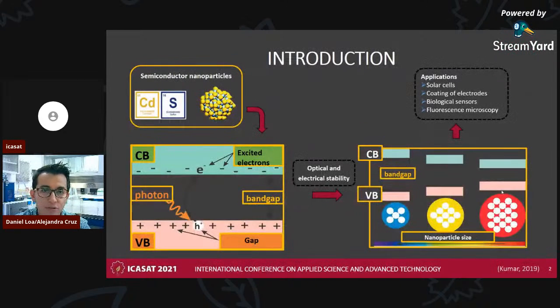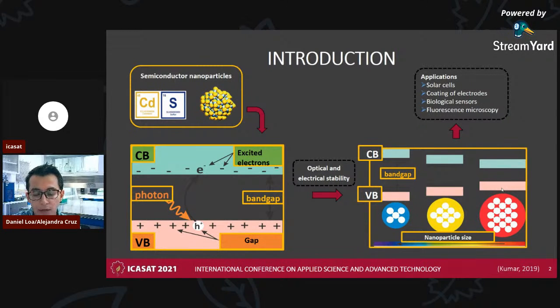As an introduction, semiconductor nanoparticles such as cadmium sulfide nanoparticles are a material composed of a metallic and a non-metallic element, which have high electrical and optical stability. This is because they have a valence band and a conduction band separated by a specific distance known as band gap energy.